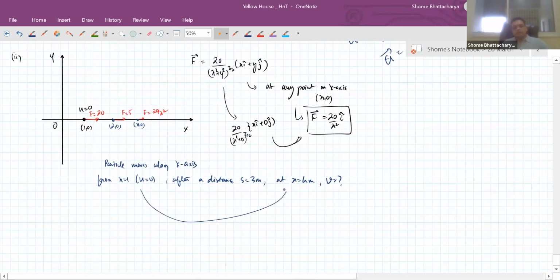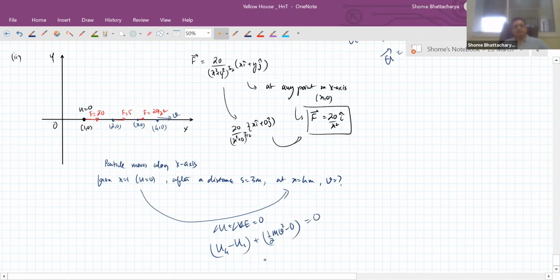So here to here, delta U plus delta KE should be 0. So if somewhere over here it is at (4, 0), you want to find out how much speed it has. So change in potential energy is potential energy at 4 minus potential energy at 1, and change in kinetic energy is half mv square minus 0, because it started from rest, so this should be 0.